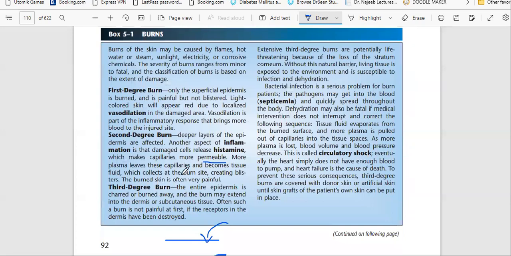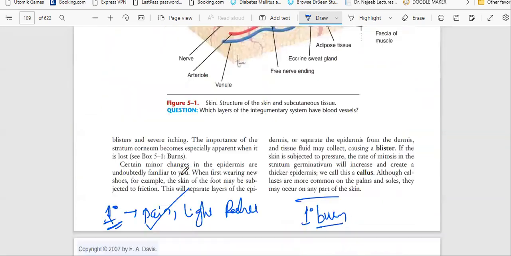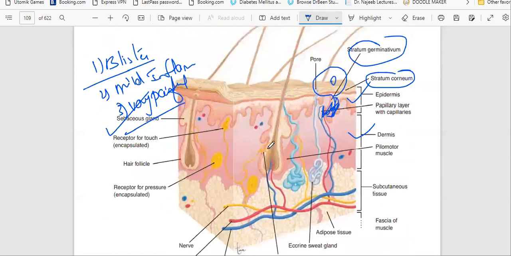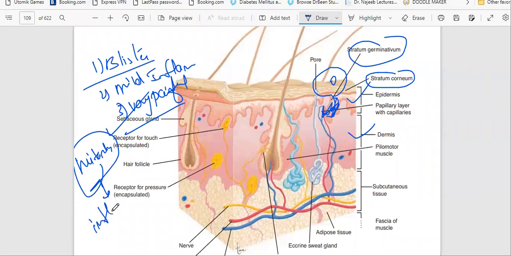The fourth thing we have to remember is that whenever cell damage occurs, the cell will release histamine. Histamine is responsible for inflammation, pain, redness, swelling, being unable to touch that area.